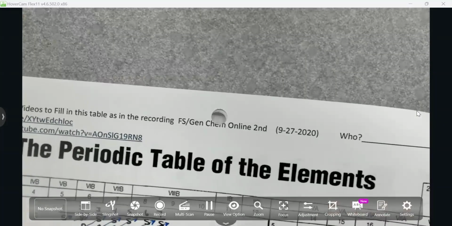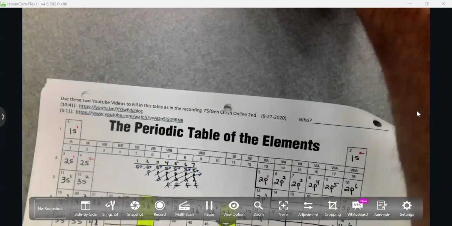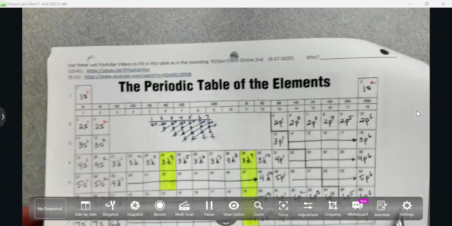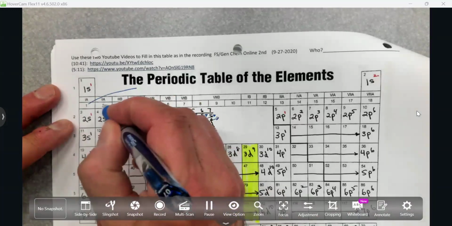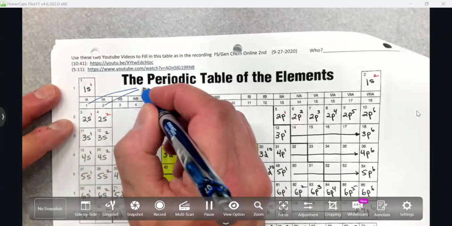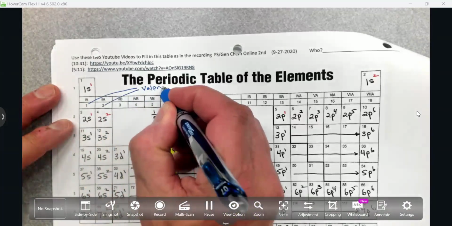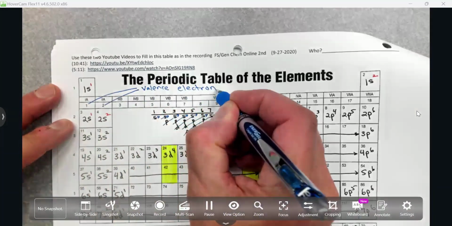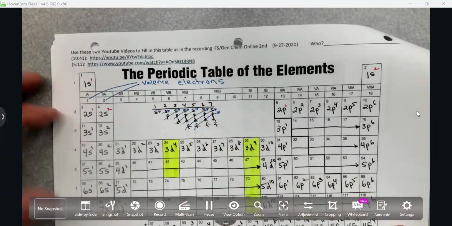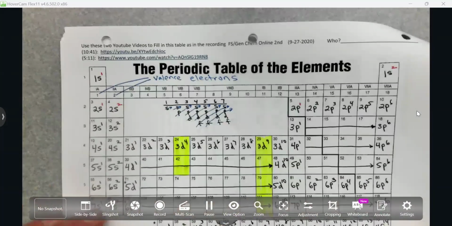Now, let's add that to our blank periodic table here on page 20. Group 1 and group 2, valence electrons. Valence electrons.